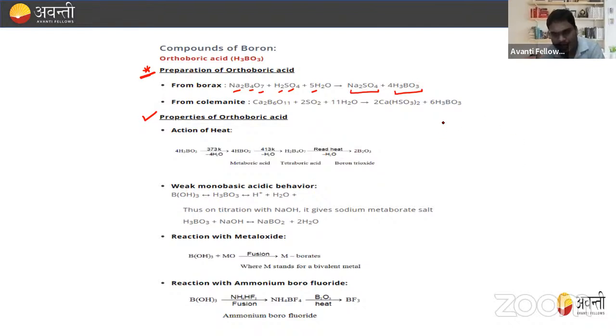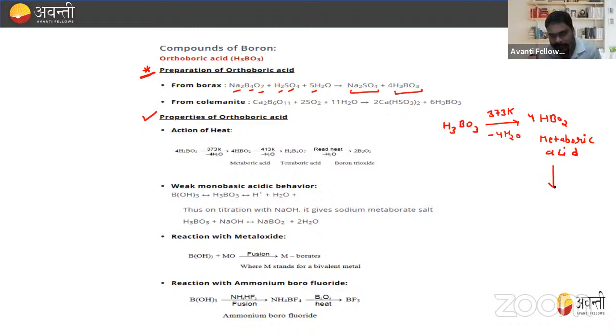When you heat orthoboric acid, H3BO3, let us assume at 100 degrees Celsius, or 373 Kelvin, a water molecule is removed and it will be converted into metaboric acid. So the orthoboric acid is converted into metaboric acid.